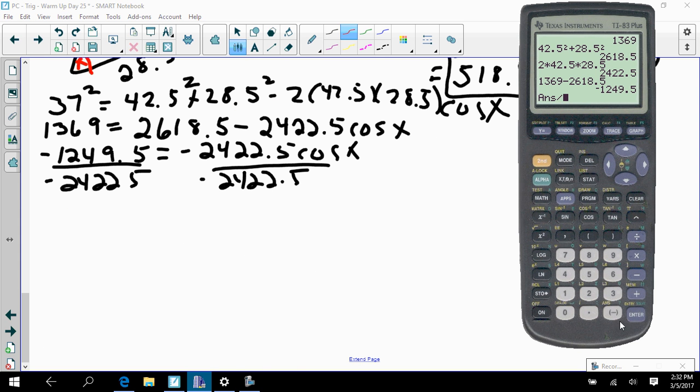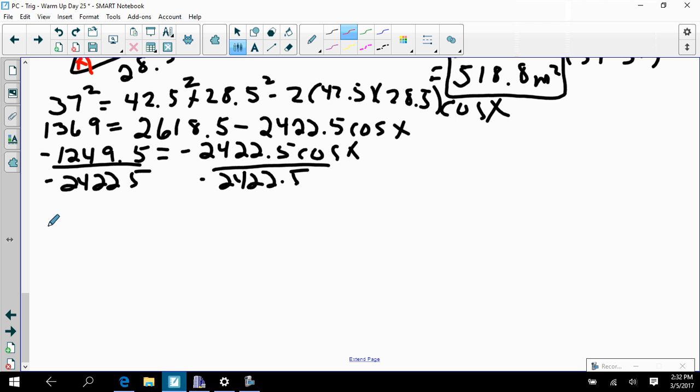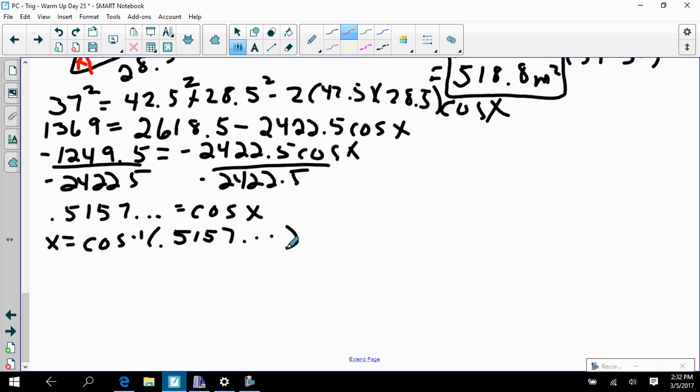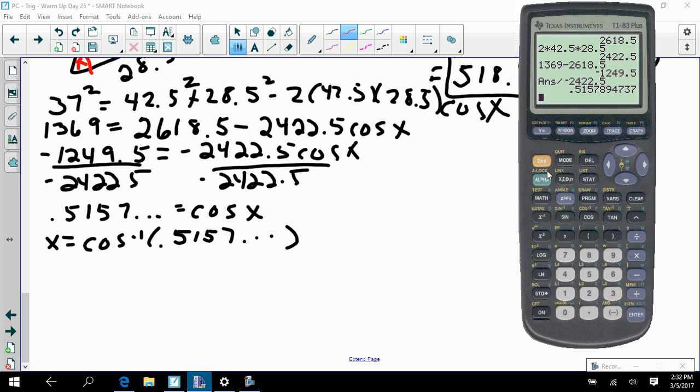So divided by negative 2422.5 gives me 0.5157 equals cosine of x. And finally, to get my angle x, we got to do that inverse cosine of 0.5157. So I'm going to do second cosine of the answer, so I'm not using a rounded answer, 58.94 dot dot dot.